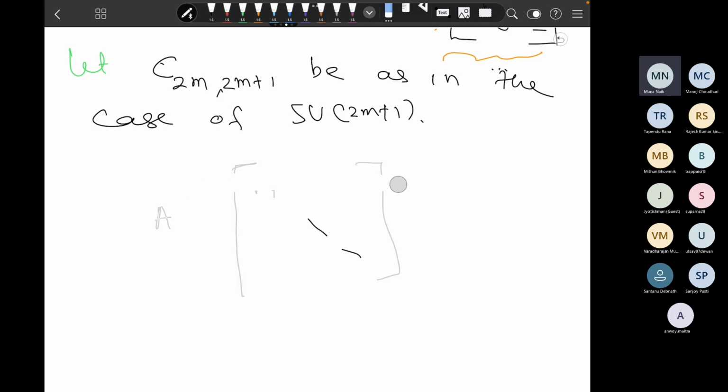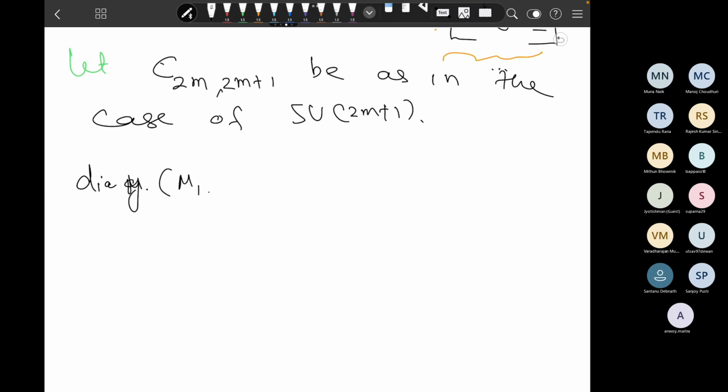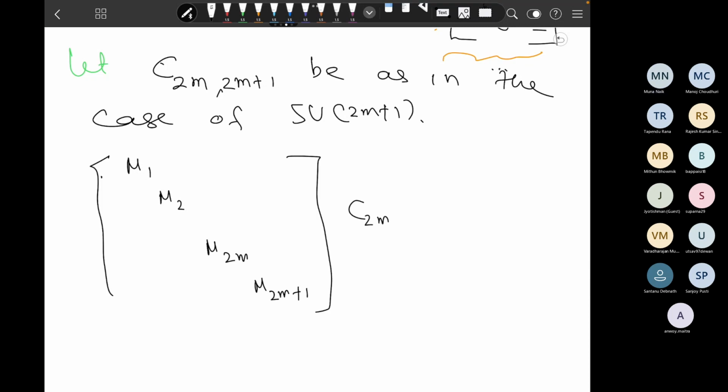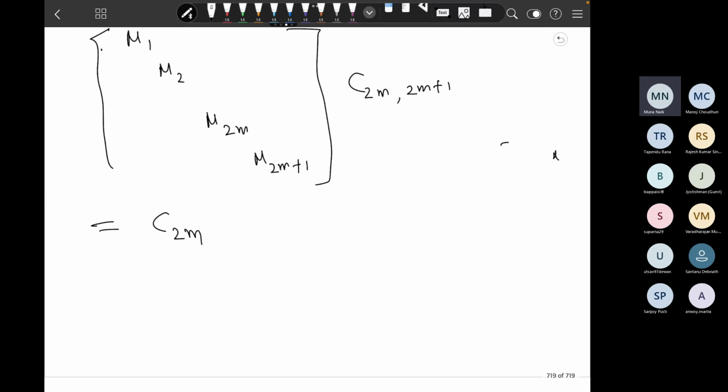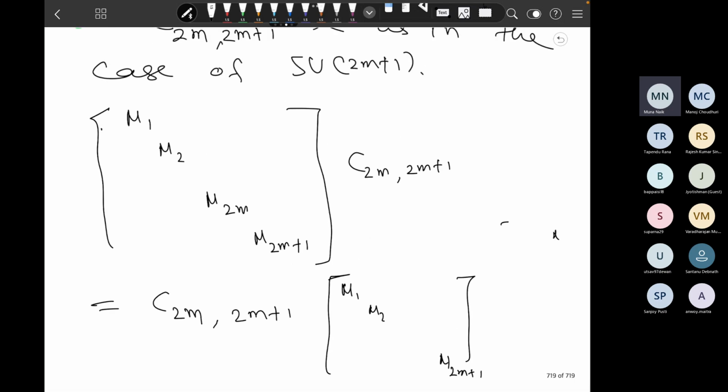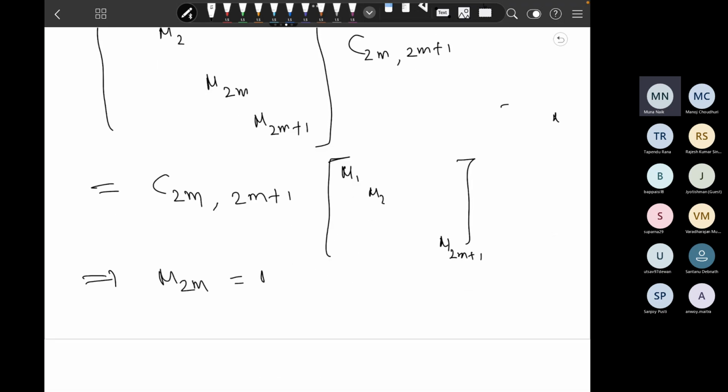Suppose this is the matrix diagonal of mu1, mu2, up to mu2m, mu2m plus 1, and if you multiply this with C2m comma 2m plus 1, then that will give you mu2m is equal to mu2m plus 1.